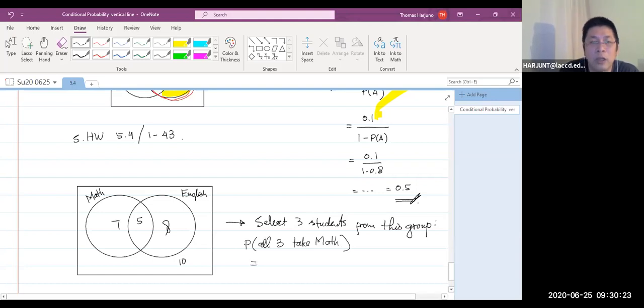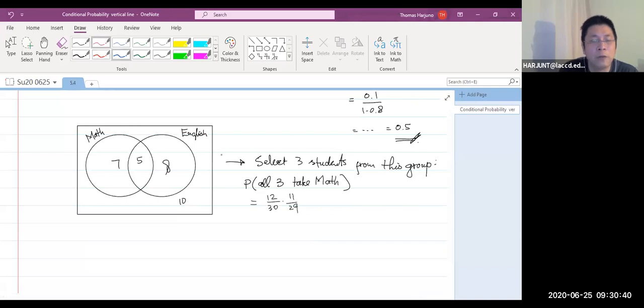The way we did it yesterday was, what is the probability the first one takes math? That's 12 over 30, right? And then what is the probability the second one takes math? That's 11 over 29. Now notice that this 11 over 29 is not the probability of taking math if we select one person. If you select only one person, the probability that person takes math is 12 out of 30.